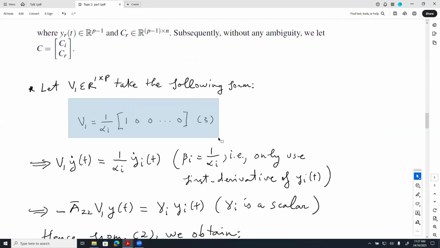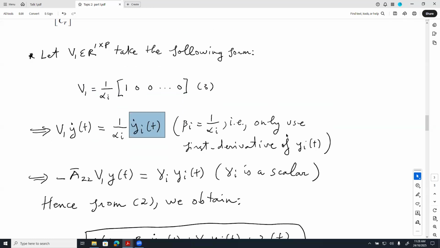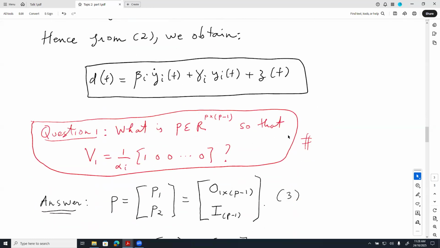We are forcing the structure of V1, no longer arbitrary, but it contains only one non-zero element, and that non-zero element corresponds to the output measurement yi of t. So our first question is, how do we find P? How do we achieve this structure?